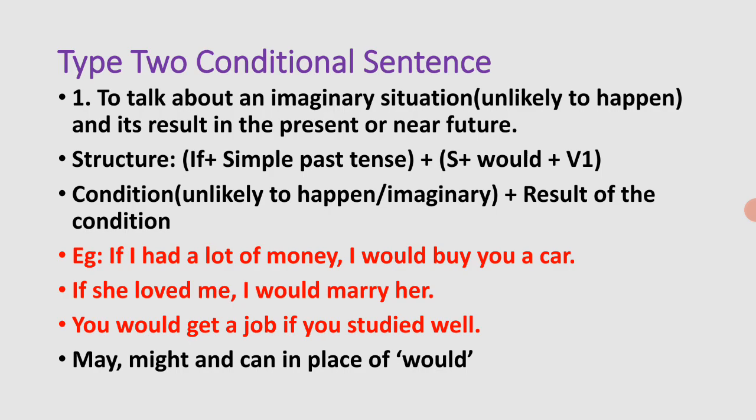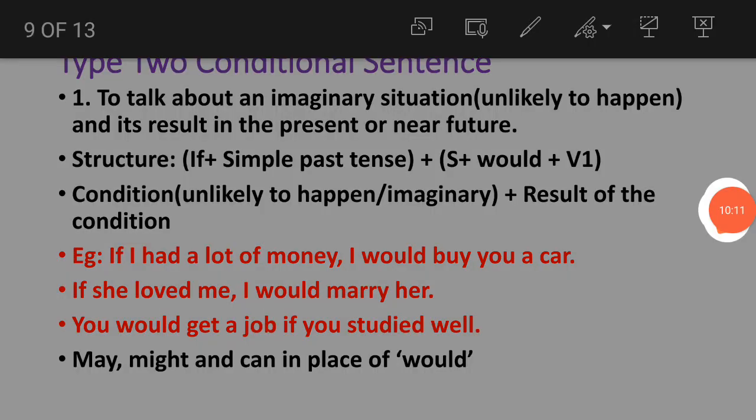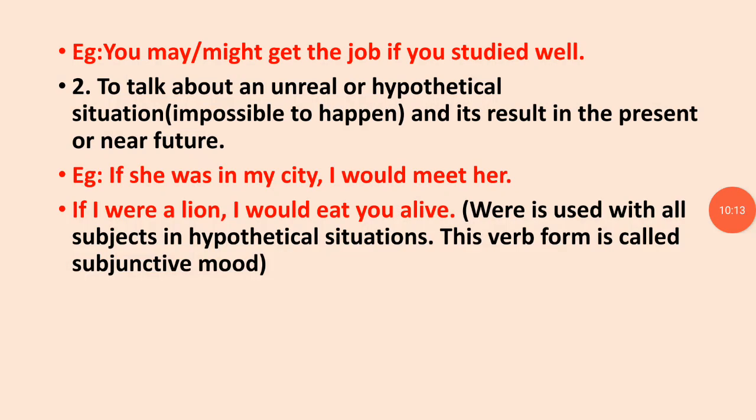So would can be replaced with may, might, and can. For example, you may or might get the job if you studied well. So here would is replaced with may or might.